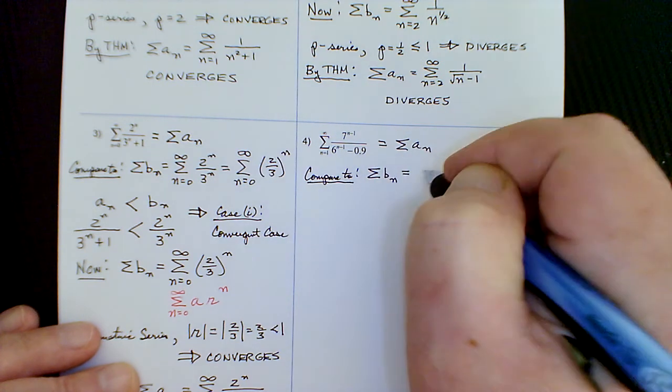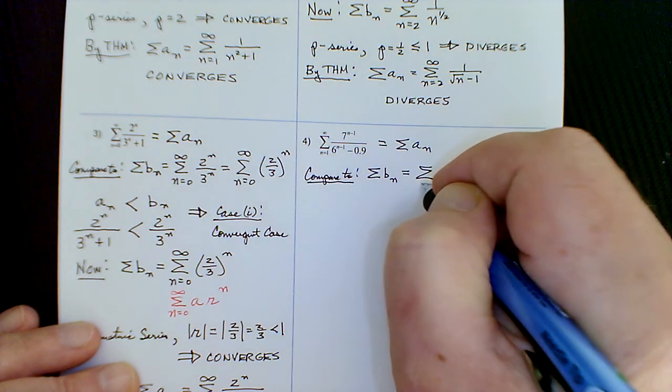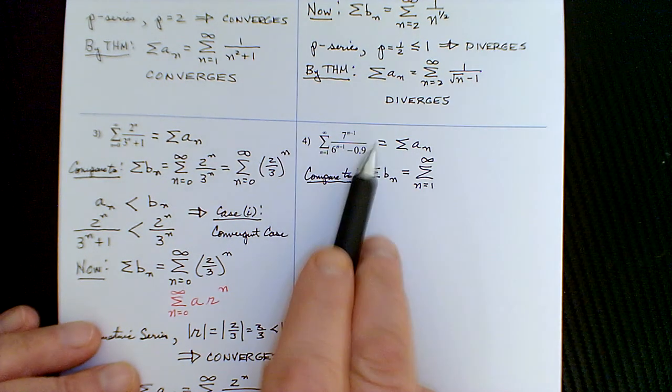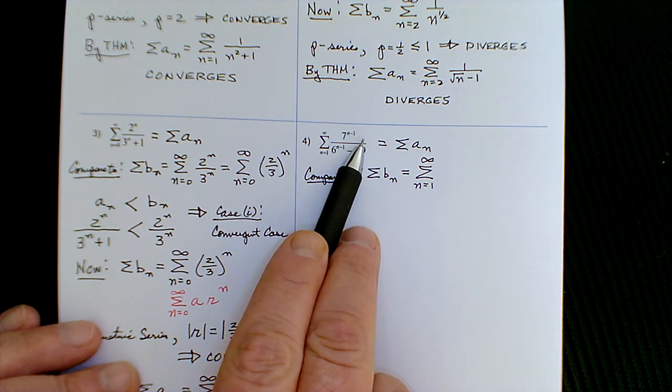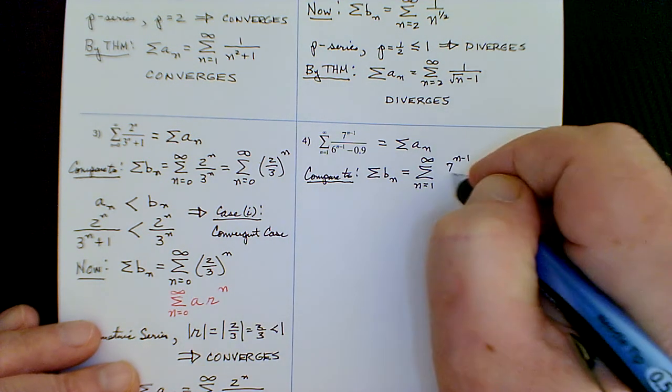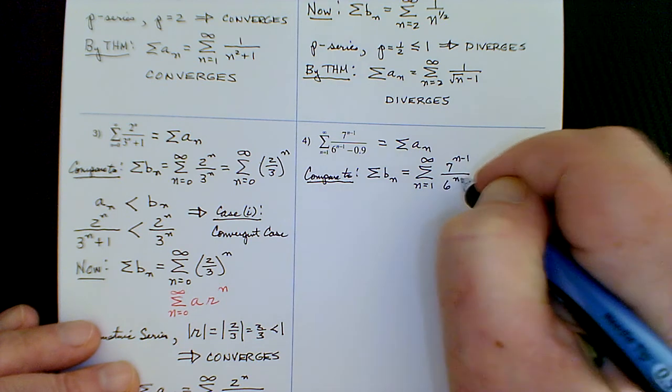And it's going to be equal to the sum as n goes from 1 to infinity of, okay, once again, we're going to knock out this negative 0.9 that's in the denominator. Initially, rewrite this as 7 to the n minus 1th over 6 to the n minus 1th.